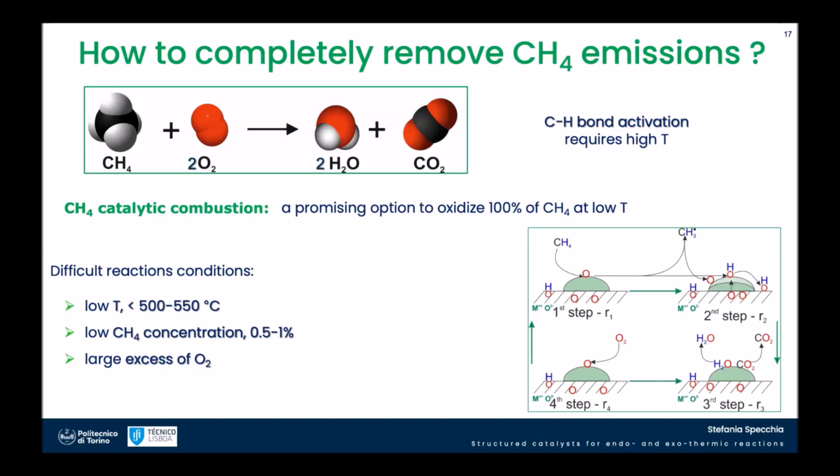And also it is interesting to work at the lowest possible temperature in order to favor as much as possible the spread of this kind of process whenever it is needed. And the point is that methane is a very stable molecule, and breaking the carbon-hydrogen bond requires a lot of energy, and in principle a very high temperature.